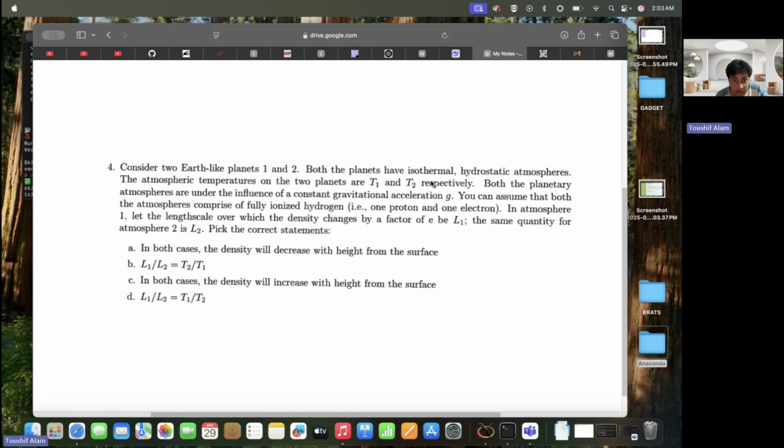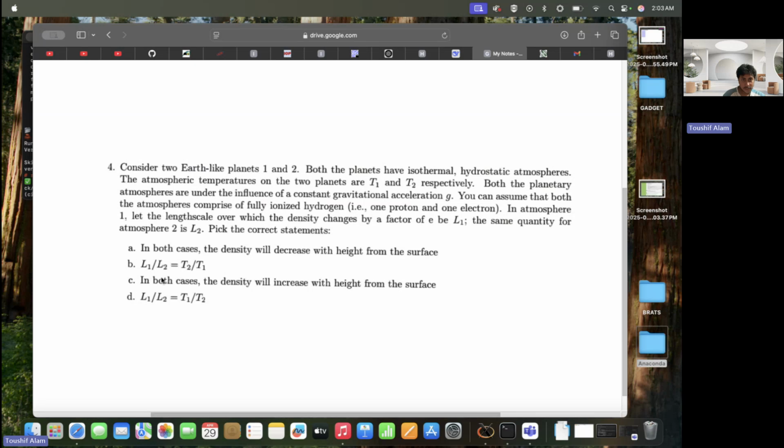Both planetary atmospheres are under the influence of a constant gravitational acceleration, with fully ionized hydrogen. The length is the scale over which the density changes by a factor of e. So what do you think? Which options will be correct?